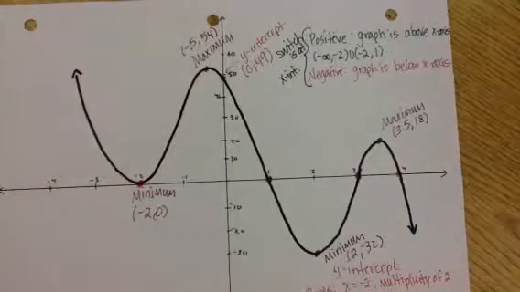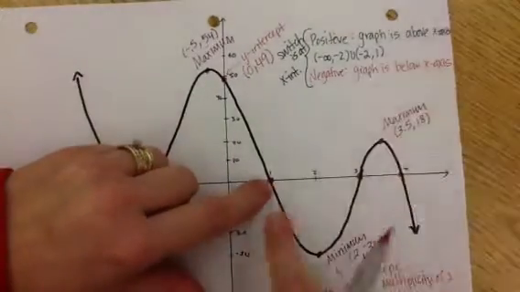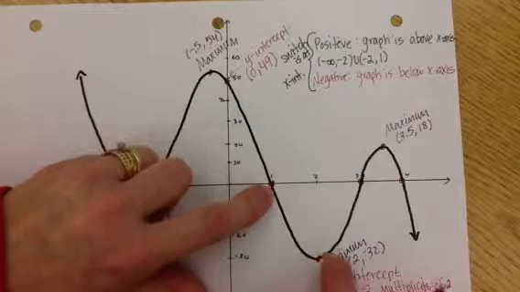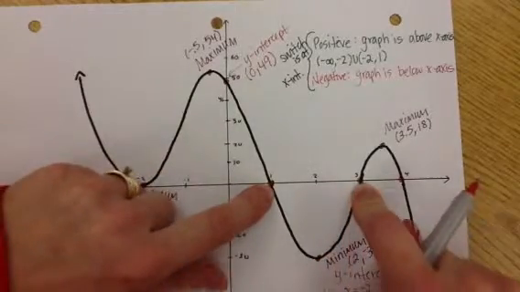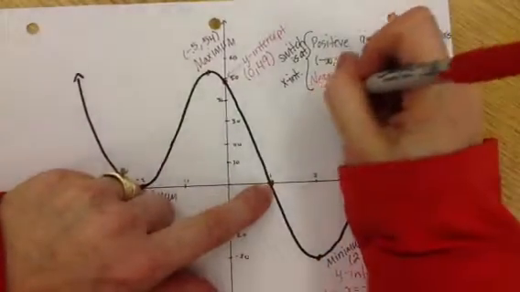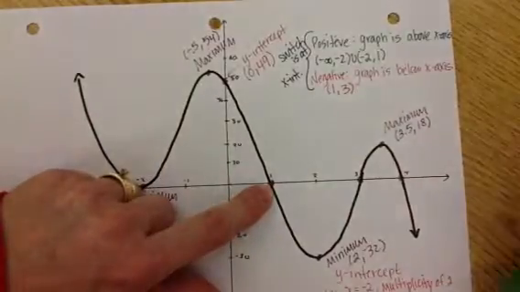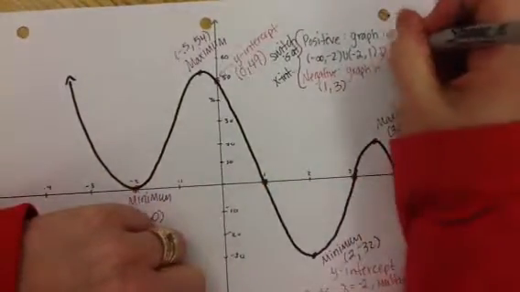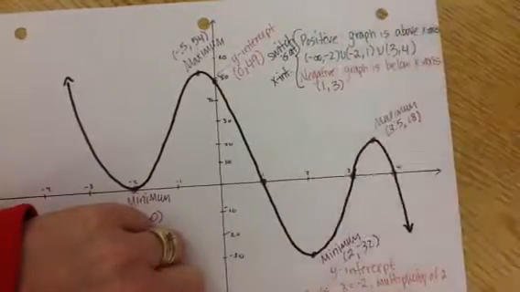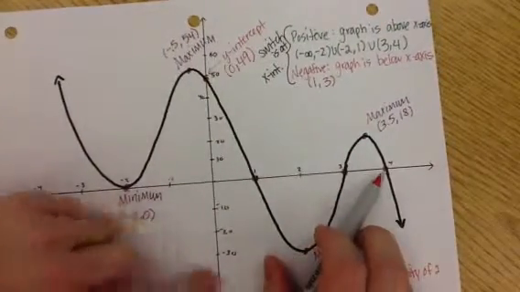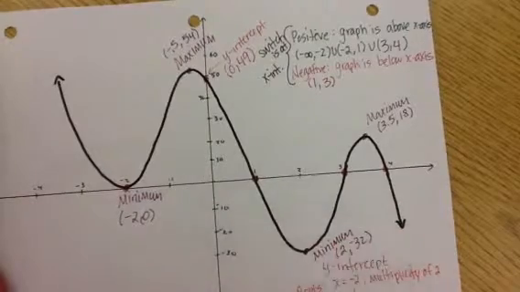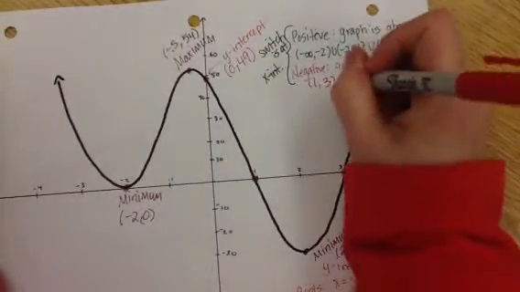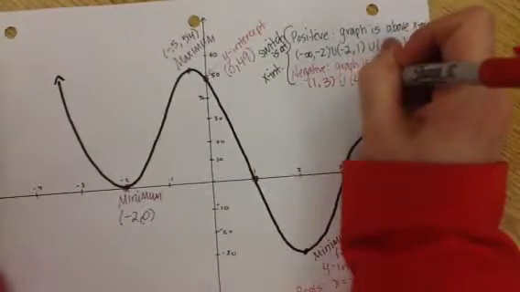And then starting after the x value of 1, the graph is below the x-axis, so it's negative from 1 to 3. And then it's positive again from 3 to 4. And then it dips back below, so it's negative from 4, and then all the way out to infinity.